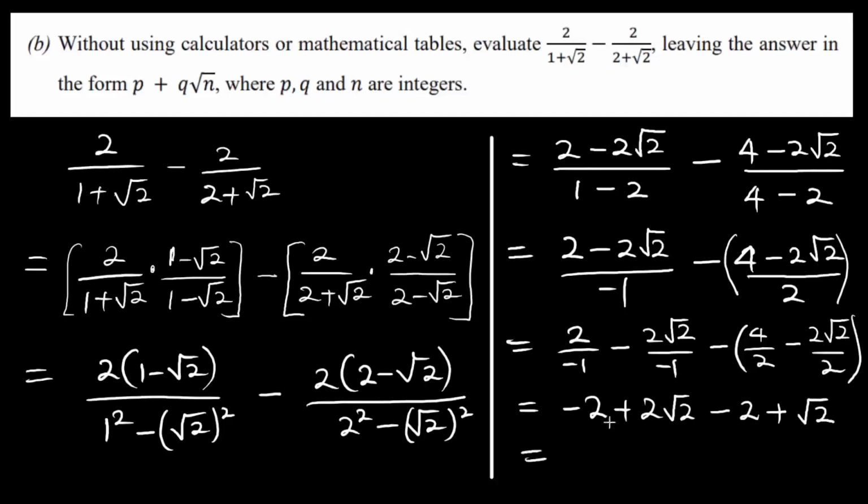So the final answer is going to be -4 plus 3 root 2. Since we were not asked to write out what p, q, and n are, we'll just leave our answer in this format. But we can see that p is -4, q is 3, and n is 2. Okay, so let's move on to question 3.